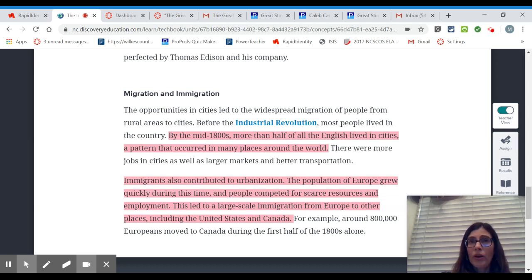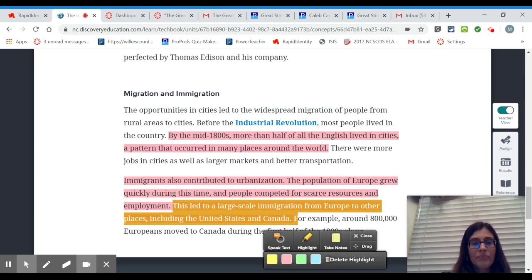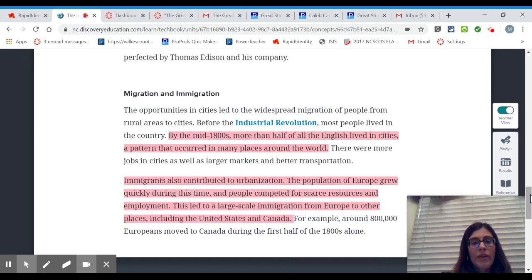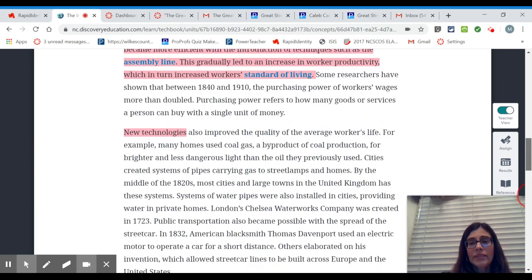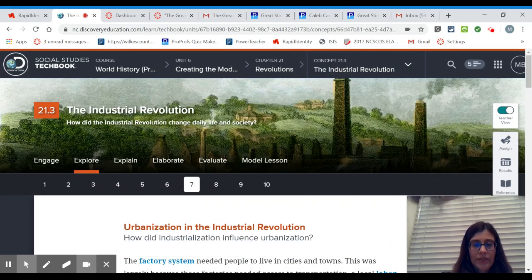Once Europe became populated and all the jobs in Europe were filled, they began to migrate to Canada and the United States looking for work, because you got to go where the work is so that you can get a paycheck. All right. So now that takes care of 7.